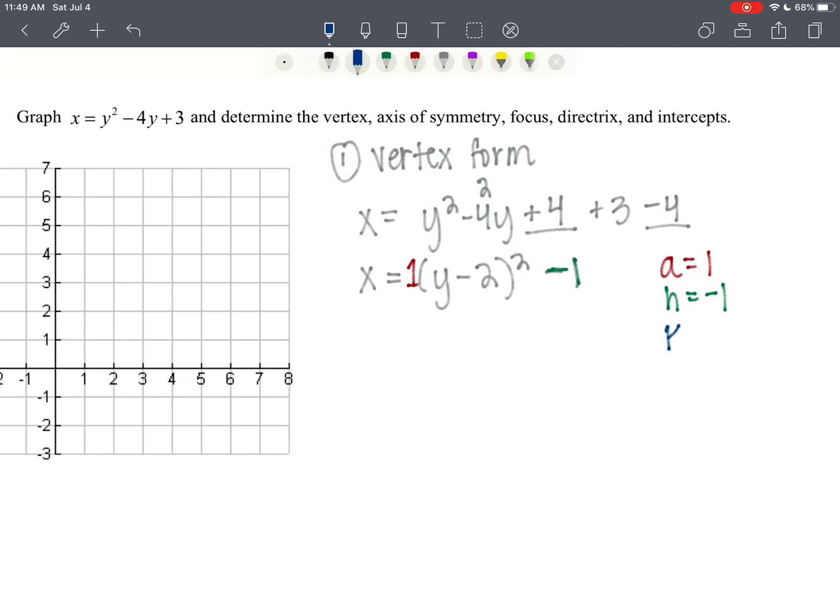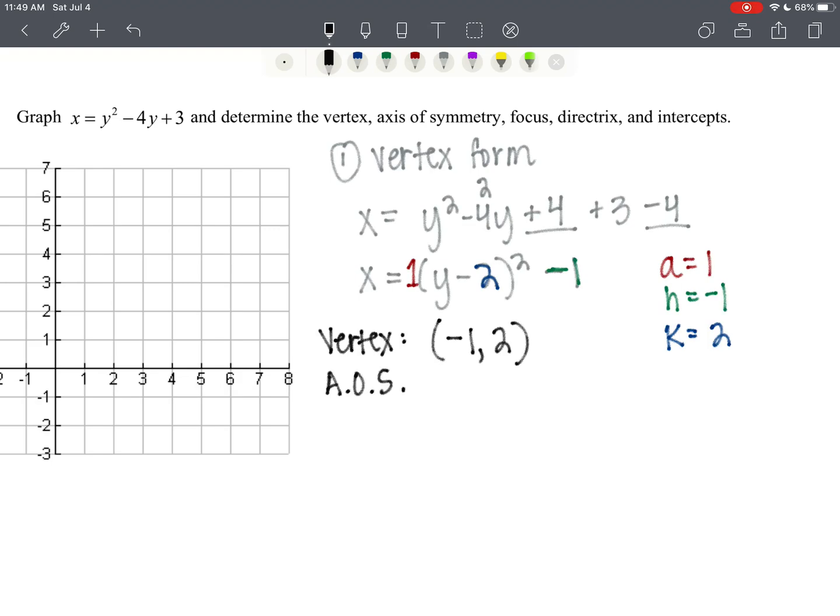And k is going to equal +2. So the h and k just flip-flopped positions because now we're opening horizontally. So our vertex is still h comma k, so (-1, 2).